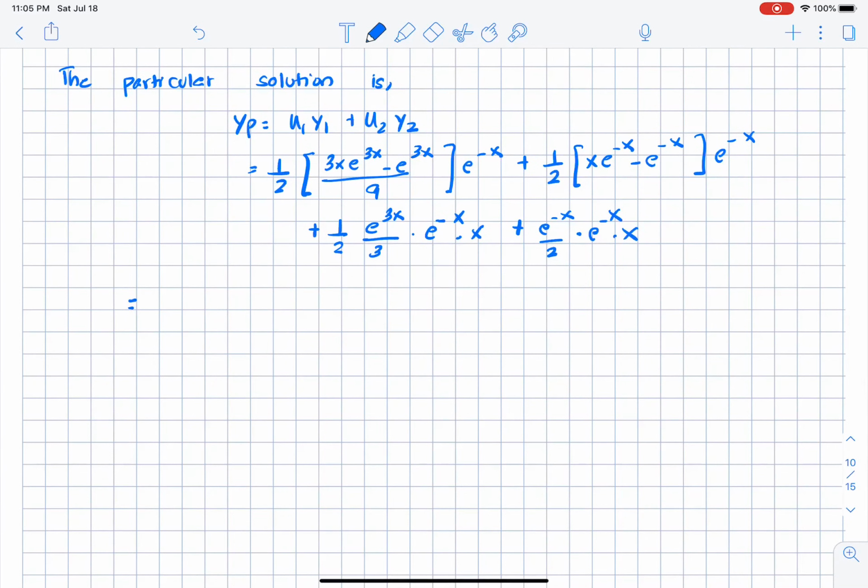Distribute and simplify. We have 1/18 times 3x e^(2x) minus e^(2x)/18 plus x e^(-2x)/2 minus e^(-2x)/2 plus 1/6 x e^(2x), and 3x, that would become 2x.